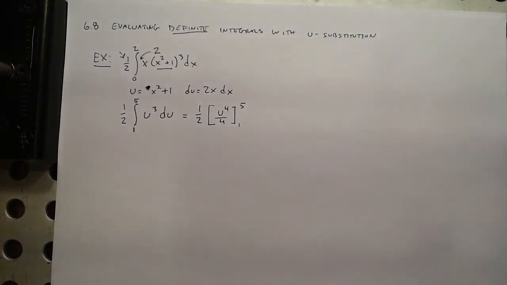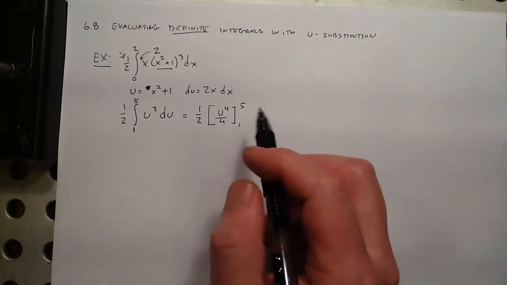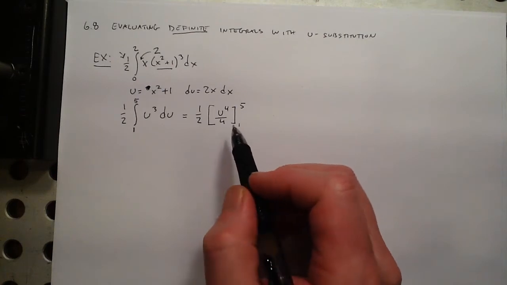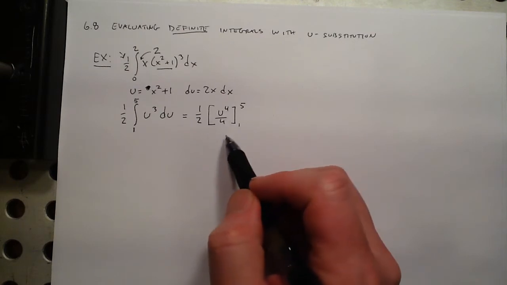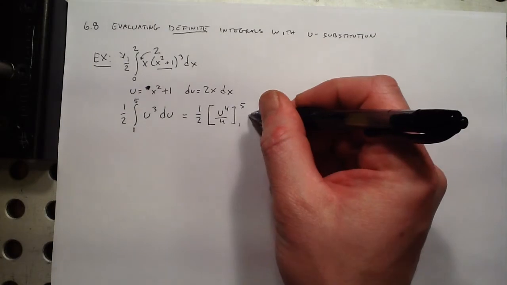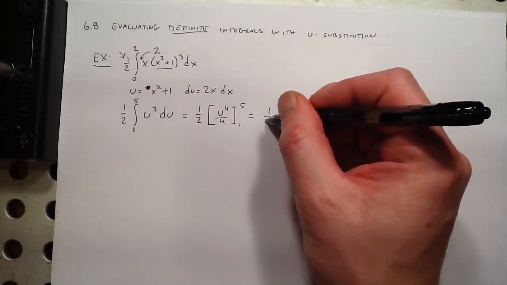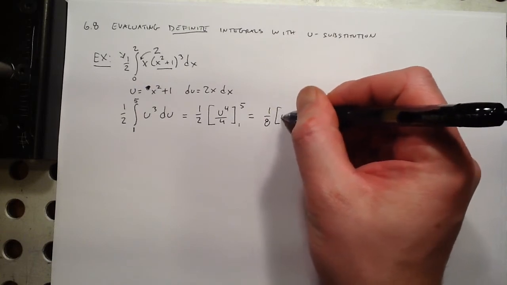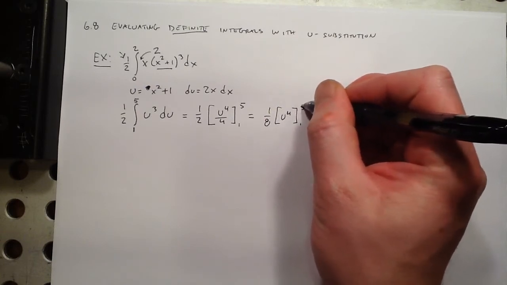My preference is if there's any multiple, whether it's a fraction or a constant multiple, I like to take that to the outside first, so I'm going to do that. I'm going to bring that 4 to the outside and make that 1/8 times u to the 4th from 1 to 5.